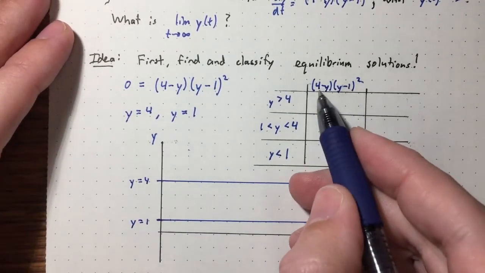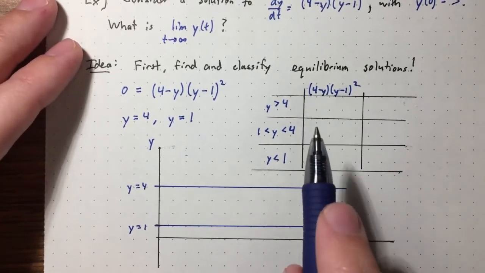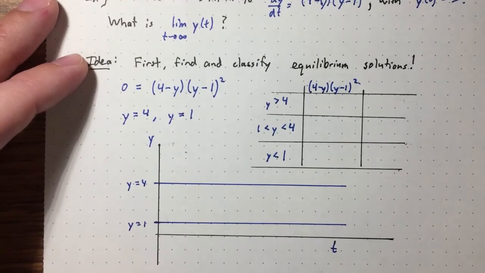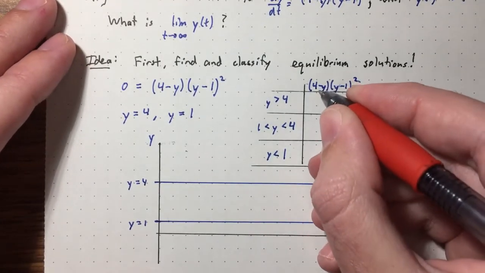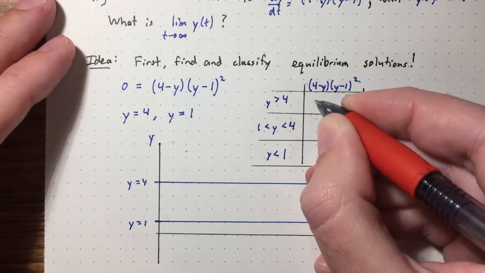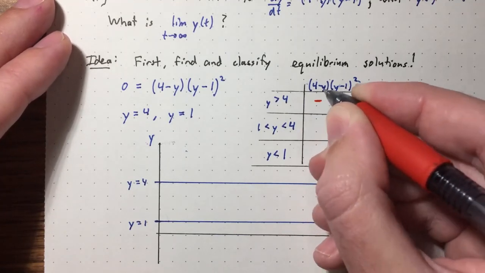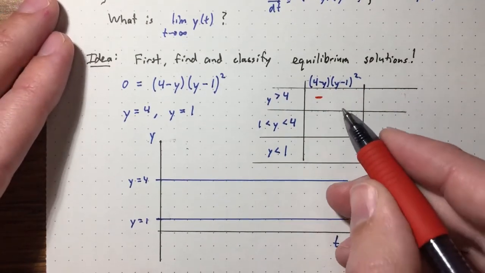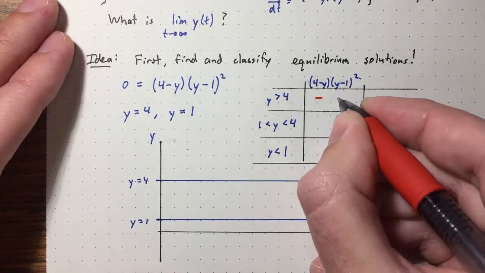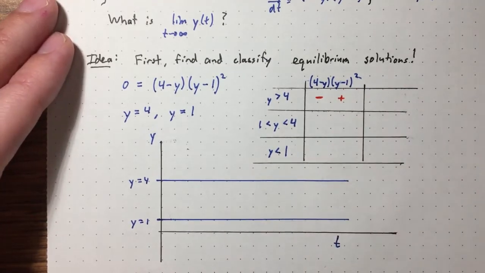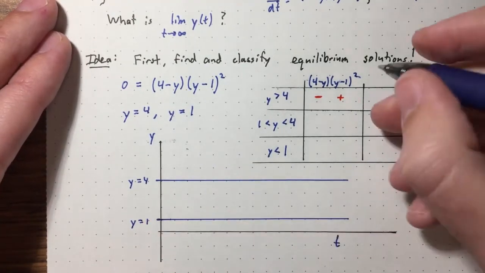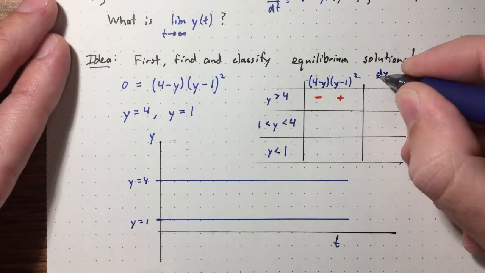What can we say about this? All right. So we actually have to go through and say, well, if y is greater than 4, let me do this in red maybe. So 4 minus y will then be a negative number. So I'm just going to draw a minus sign. This will be a negative number. And y minus 1 squared, that will be a positive number. And so what about their product? Right? So what about dy/dt?